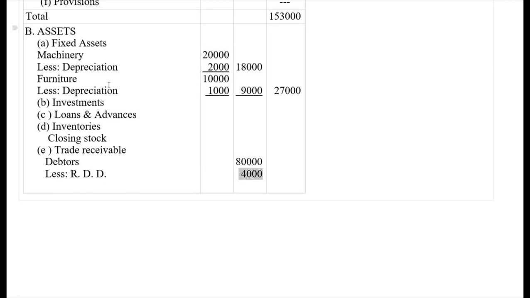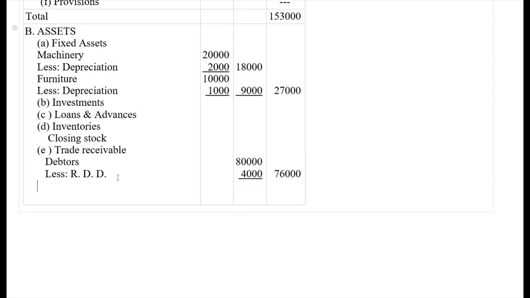So the difference, we shall take it to the outer column, which will be 76,000.